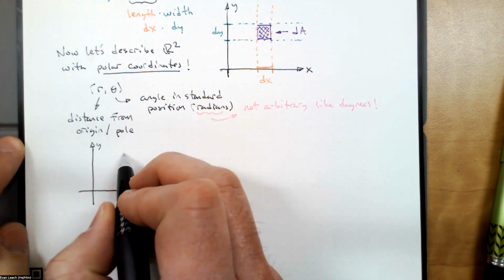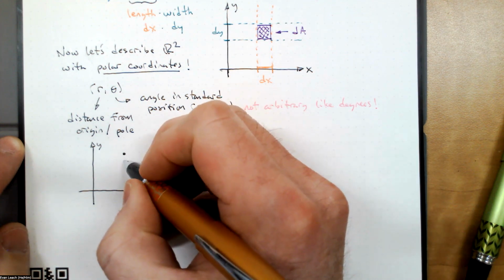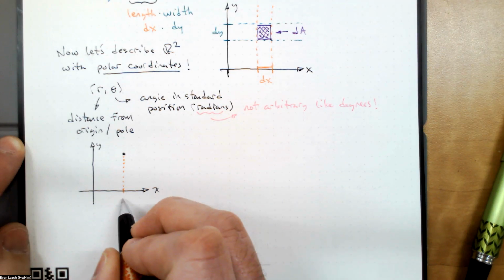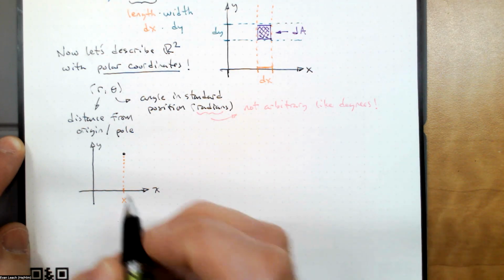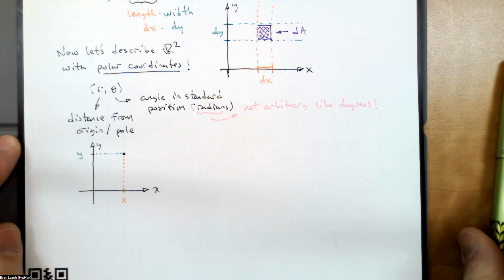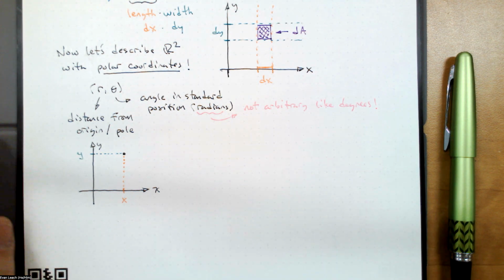So when we describe this point as x, y, this is a thing that we're familiar with. We have a horizontal distance x, and we have a vertical distance y, two distances. And then we describe this as x, y. If we want to describe this as r, theta, we have one distance, the distance from the pole to the point.